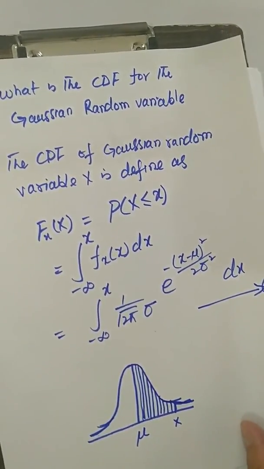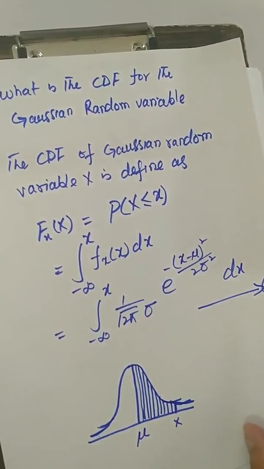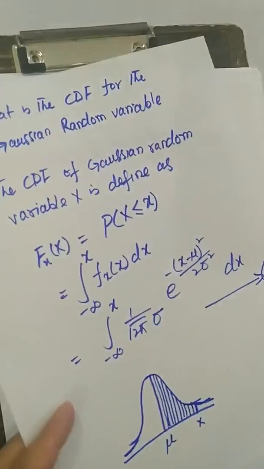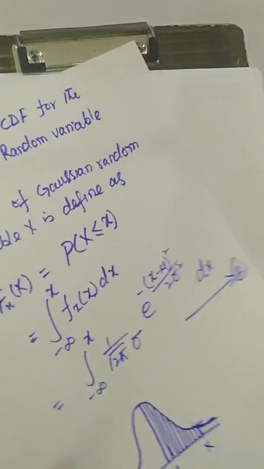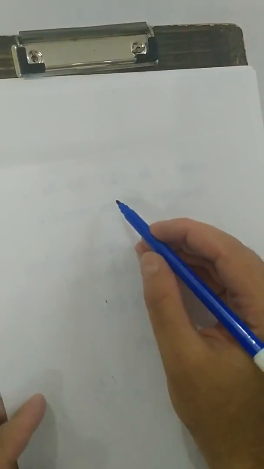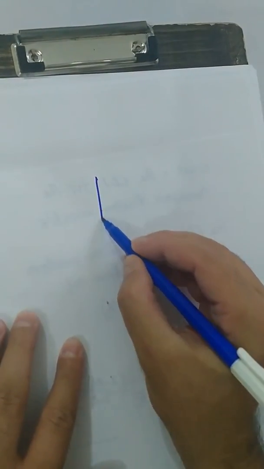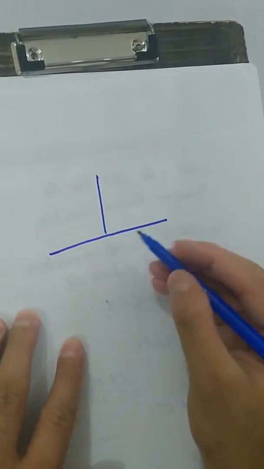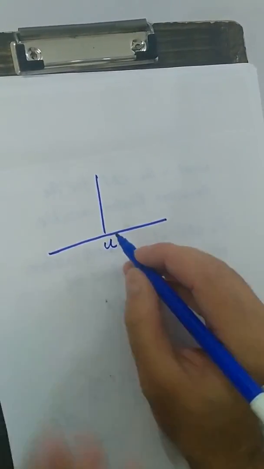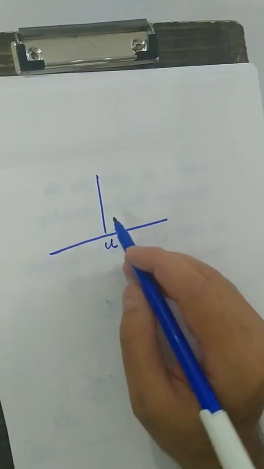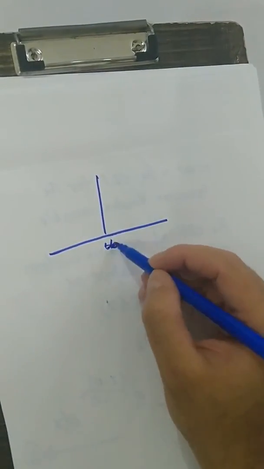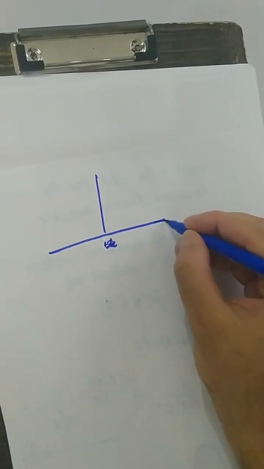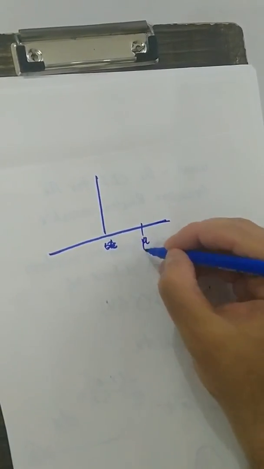So this is the PDF of the Gaussian random variable, and the CDF would be as follows. This is the mean value.